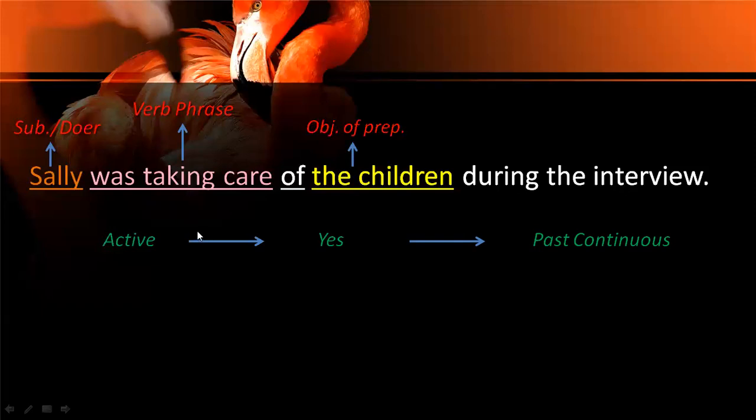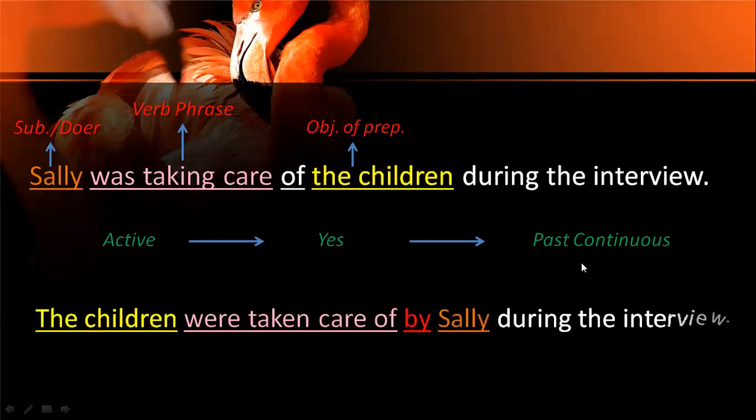Now let's change it into passive. We said that the main focus is on the object and we remove this doer. It's not the core focus of the passive sentence. Okay, then how does the sentence go? We begin with the words the children. Because it is past continuous, we need this verb to be.